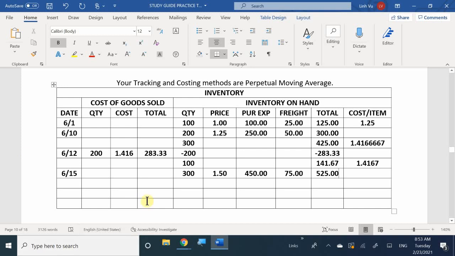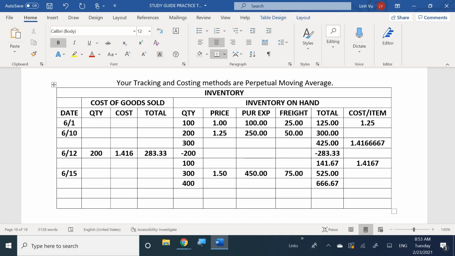All right. So now I have to add up my total. So what's my total here? 400 at what total cost? $666.67.